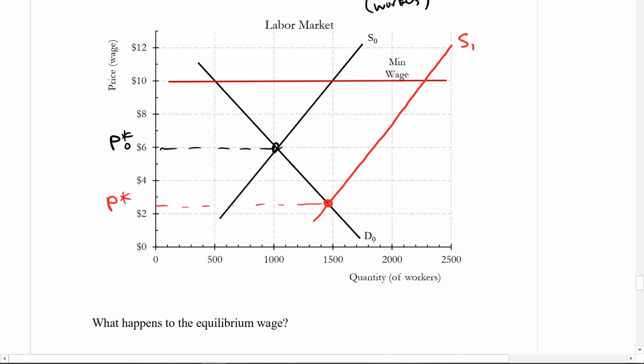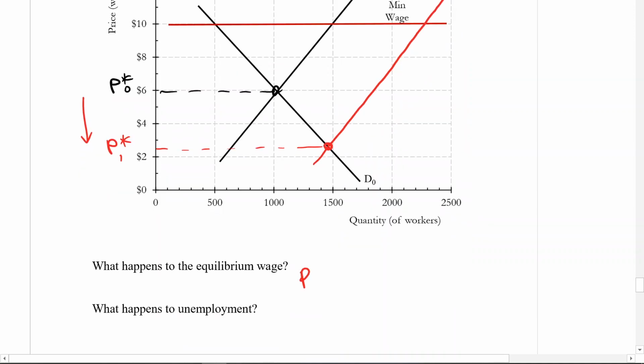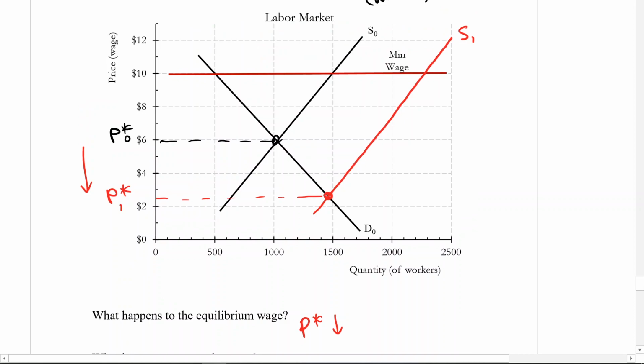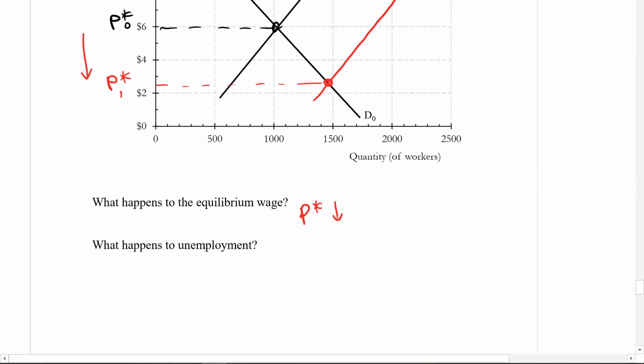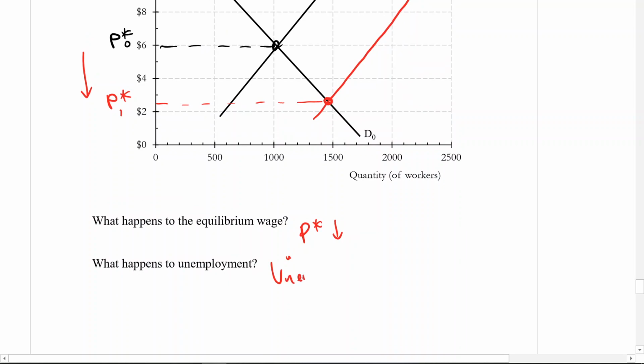And so again, the basic supply and demand analysis says that the equilibrium wage is going to go down, and unemployment, which started here, is going to increase. So wages go down, and unemployment increases.